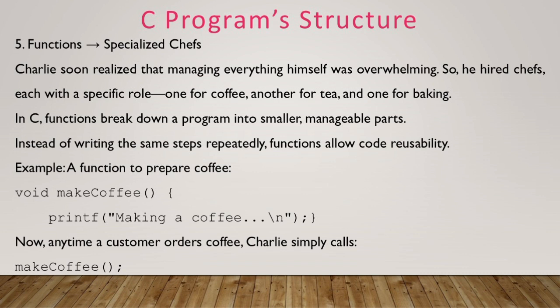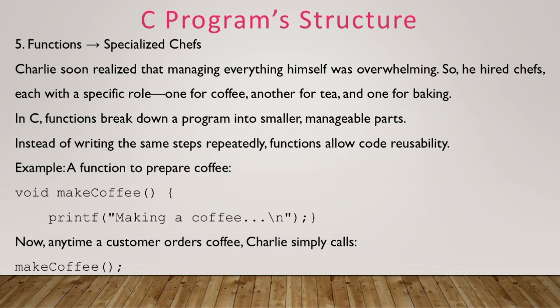For example, to prepare just coffee, we declare a function void make coffee. It is only concerned with coffee. Whenever a customer asks for coffee, we just call that function make coffee. Whenever a customer asks for tea, we call another function, make tea.